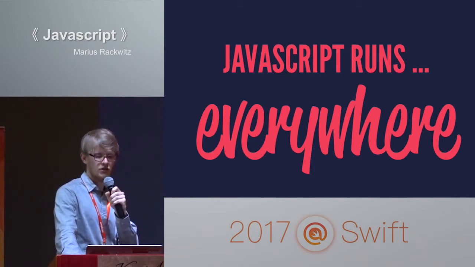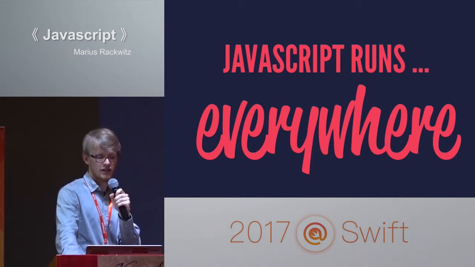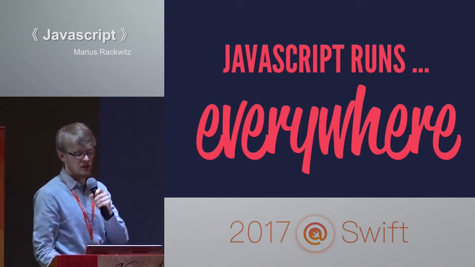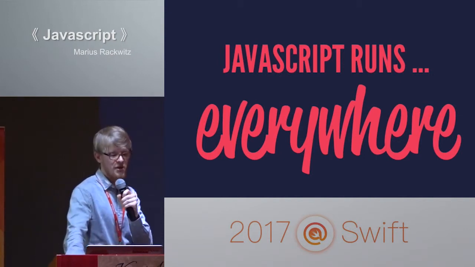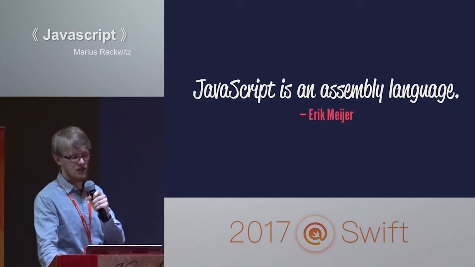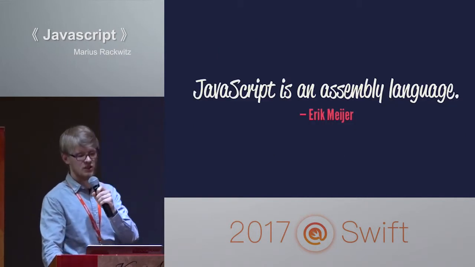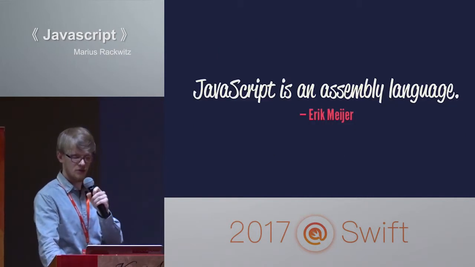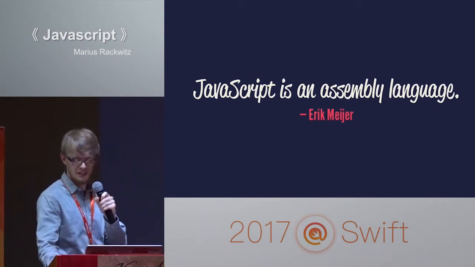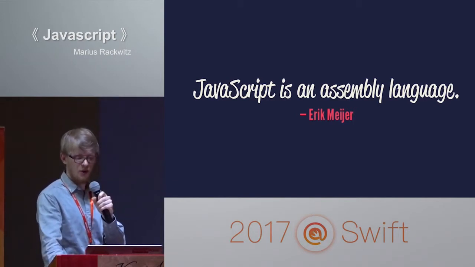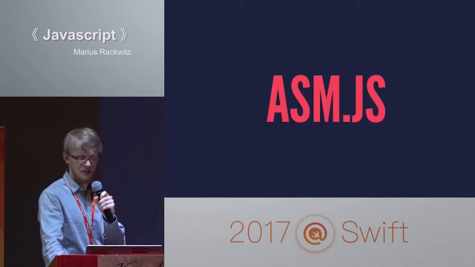It runs on microcontrollers, it runs on drones, on Mac apps via Electron, which powers code editors like Atom or Visual Studio Code. This goes so far that we can say JavaScript is an assembly language. This is actually a citation by a famous computer scientist, and we can even say not only JavaScript runs everywhere, but also everything can be compiled to JavaScript.